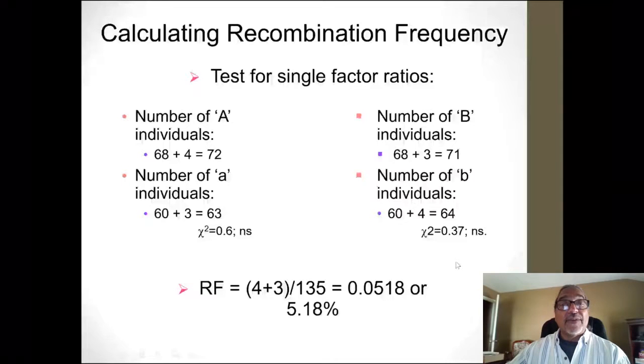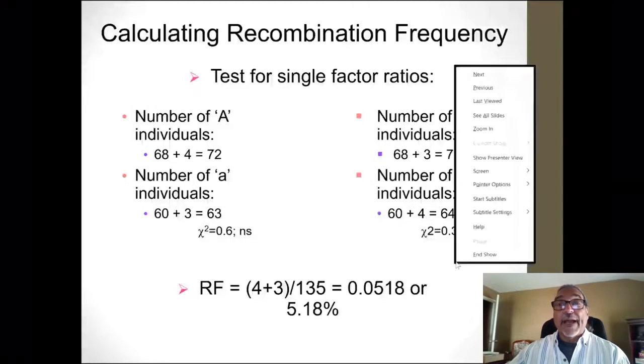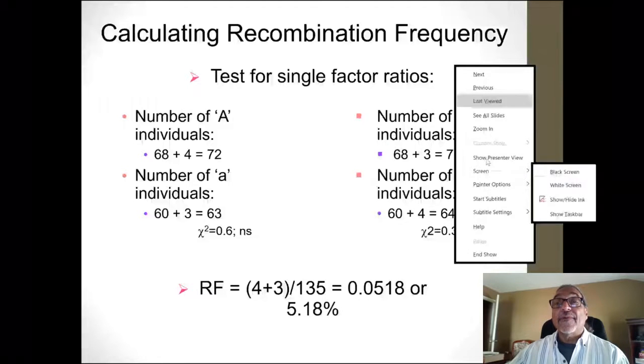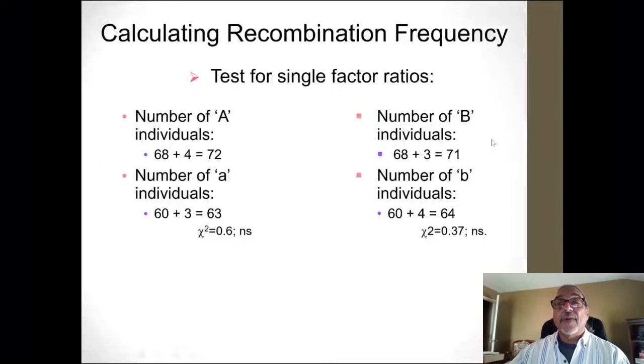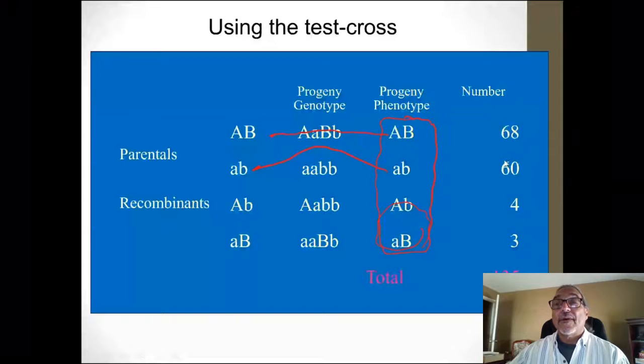So what we do is we actually can now calculate the recombination frequency, which is the total number of recombinants divided by the total number of offspring. And if we go backwards, one more, you can see that the recombinants are here.